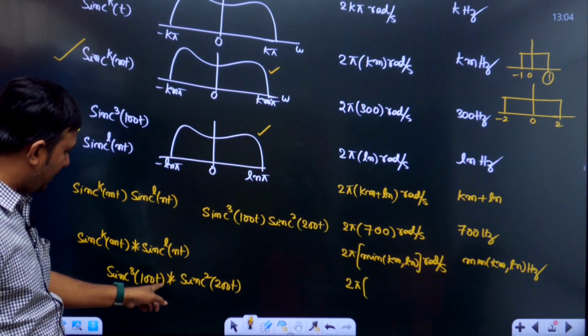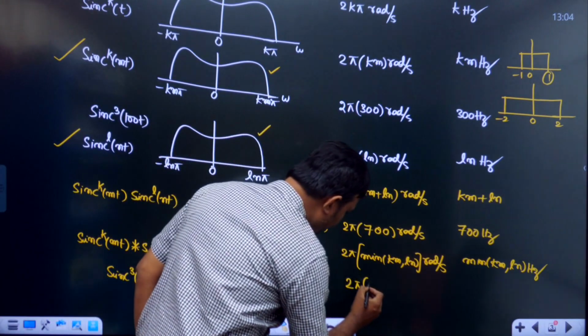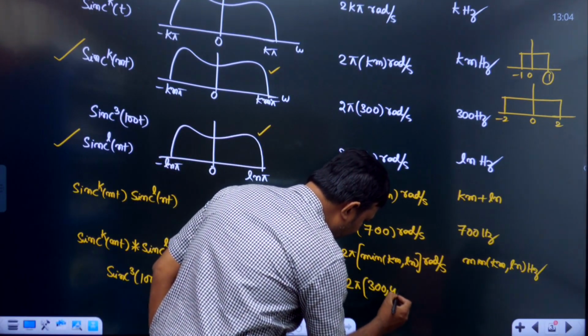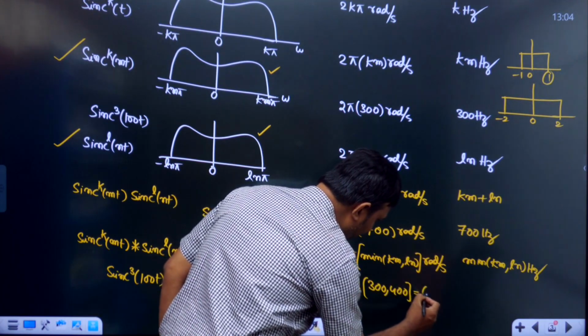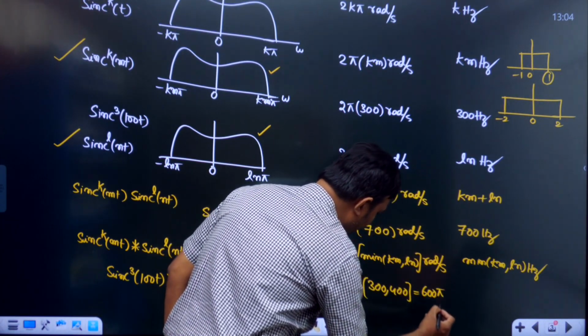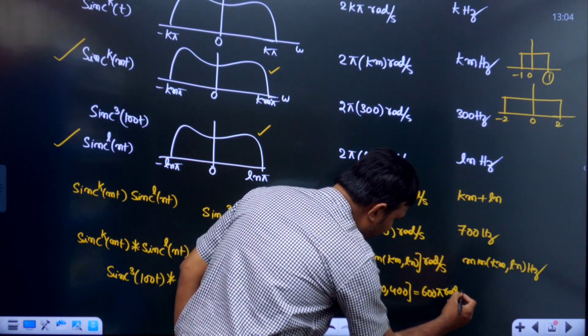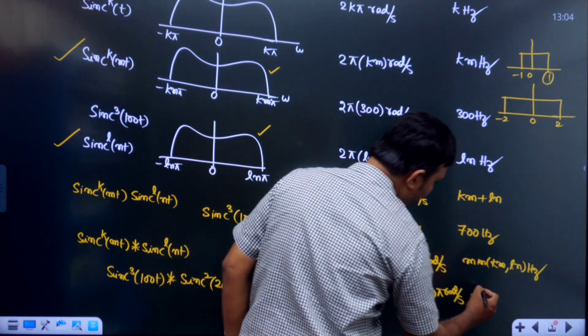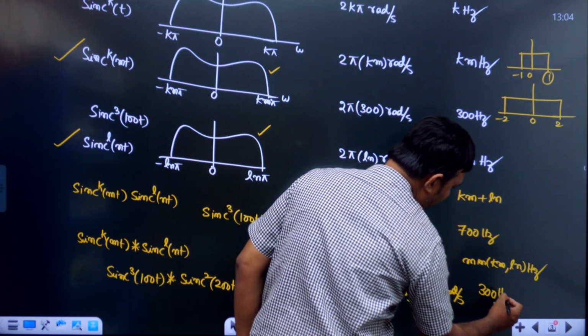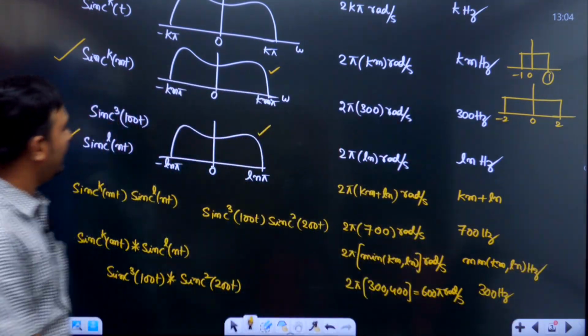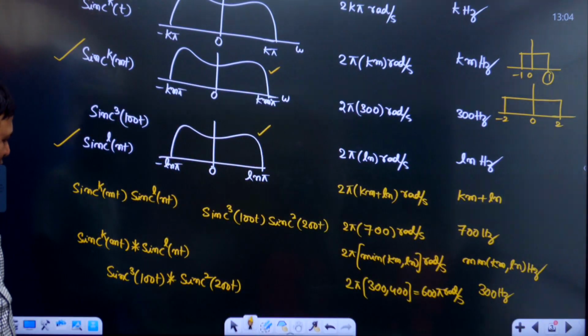So this is 300, 400. 300 comma 400. What is the minimum value? 300. So 600 pi radians per second, or this is 300 hertz, the minimum of Km, Ln. Right? Hope you understood this one.